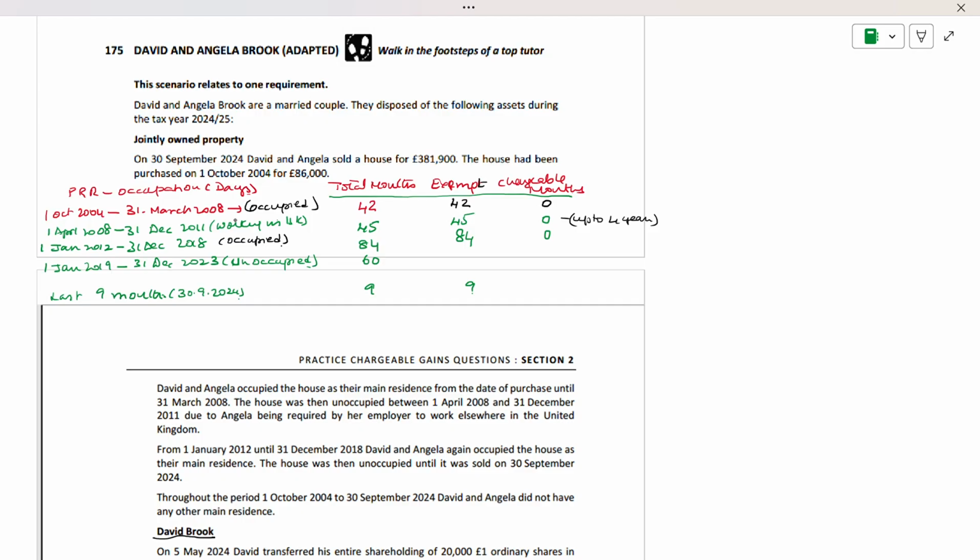The last 9 months is there. Up to 3 years absence for any reason. Up to 4 years as a result of working elsewhere, the first one is fine. The second one is working in UK, fine. The third one is occupied, fine.